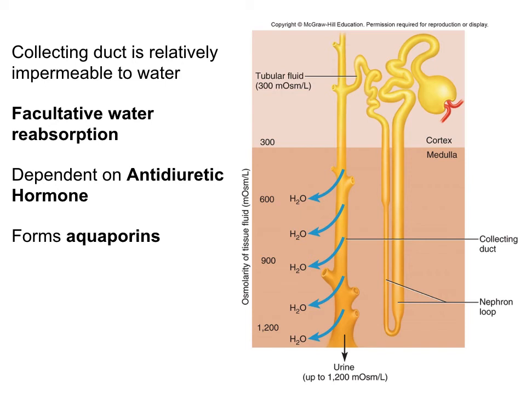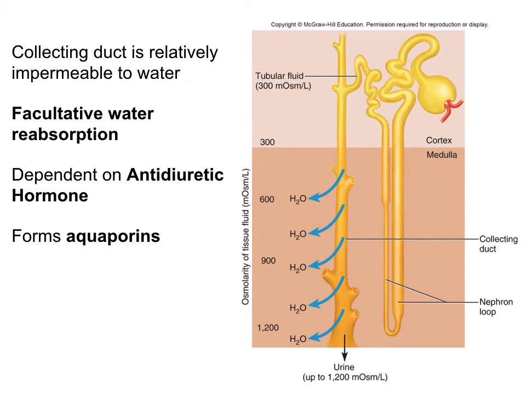Now, I just want you guys to go back to chapter 17, because we talked about diabetes insipidus when we talked about antidiuretic hormone. Diabetes insipidus was caused either by a lack of antidiuretic hormone or an inability of the targets, meaning your collecting duct, to respond to ADH.